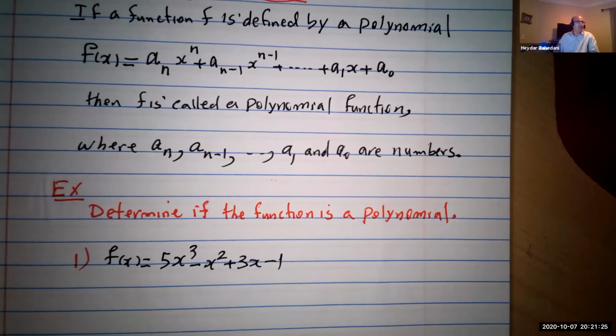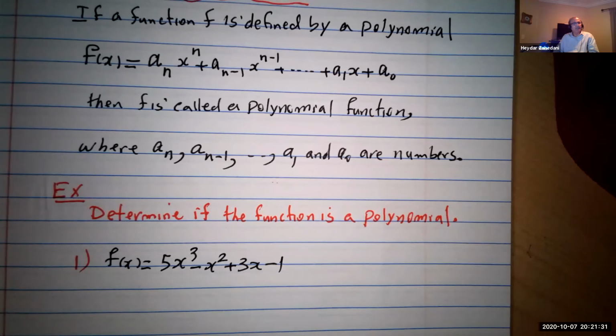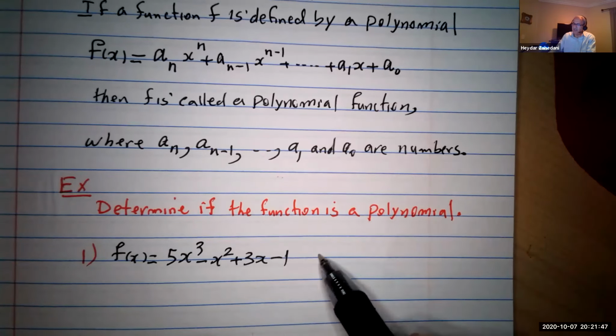This is a polynomial. It starts with the third power and keeps going down. It's a combination of powers of x, and there is no negative exponent. From the function point of view, we already talked about it: the domain of this function is all real numbers. So this is a polynomial.